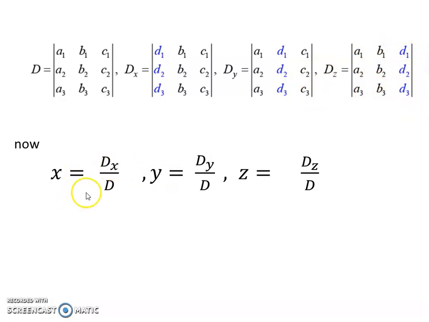We derive x is equal to dx upon d, y is equal to dy by d, z is equal to dz upon d. I highlight the d1 d2 d3 in blue color to show the position for dx, dy and dz.